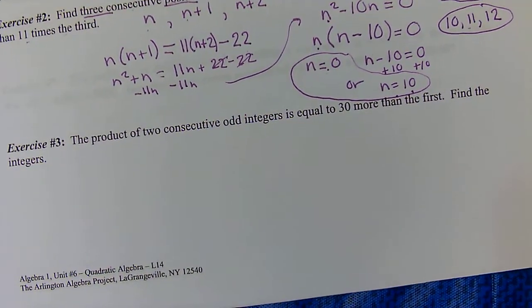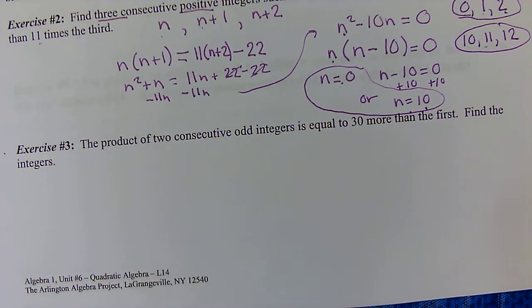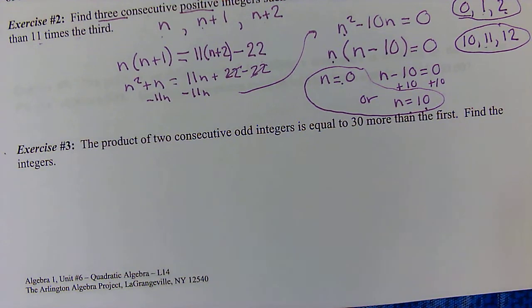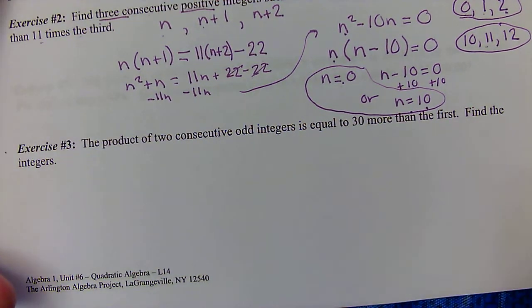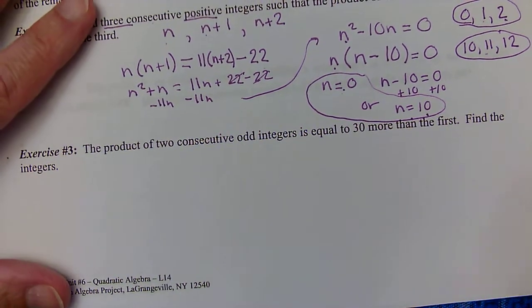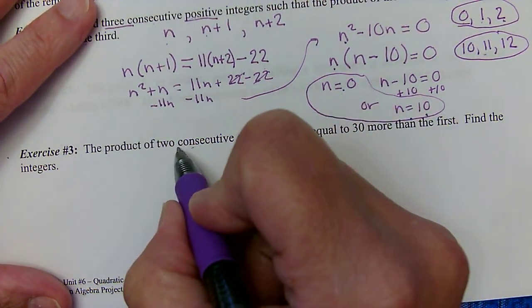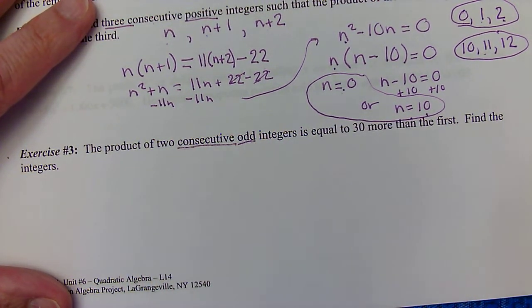In this problem, they want 2 consecutive odd integers whose product is equal to 30 more than the first integer. So we need two consecutive odd integers. Well, consecutive odd numbers are 2 digits apart. I know 2 isn't odd, but if you go from 1 to 3, it's 2 units apart.